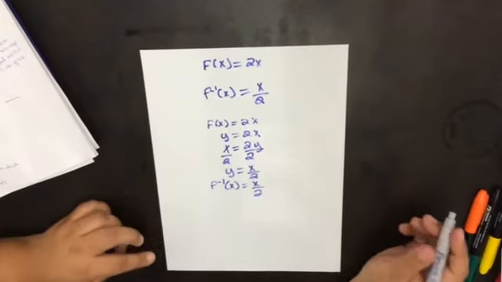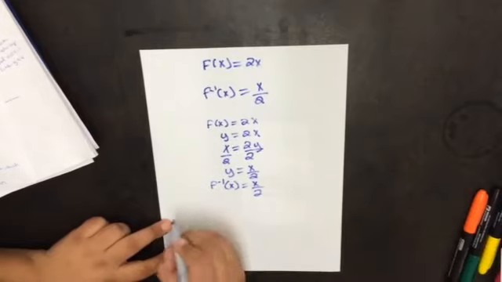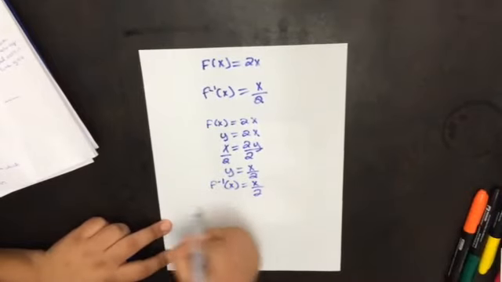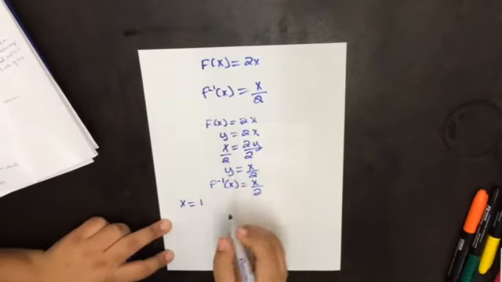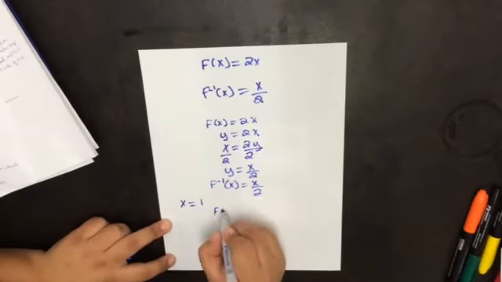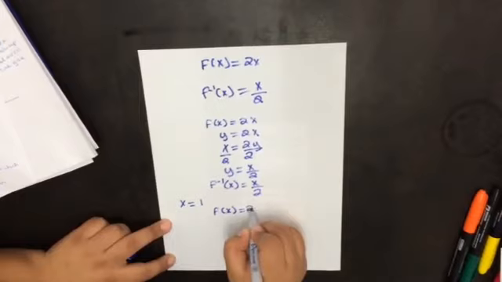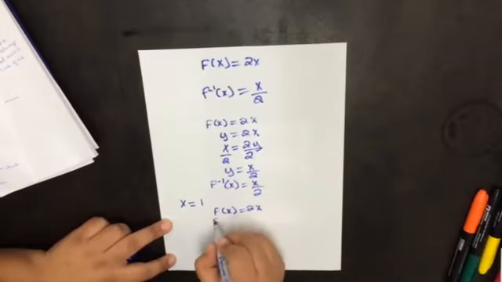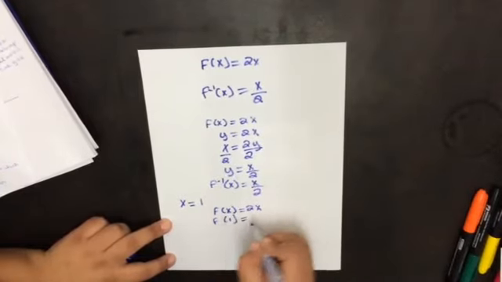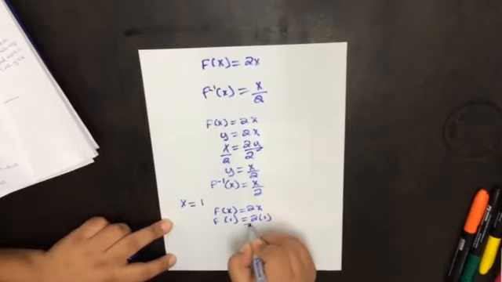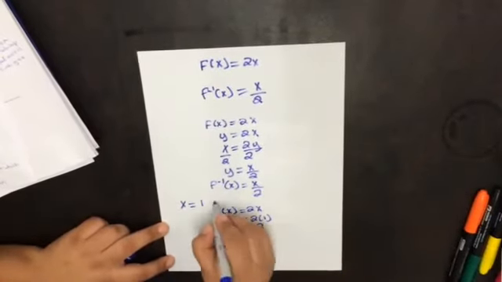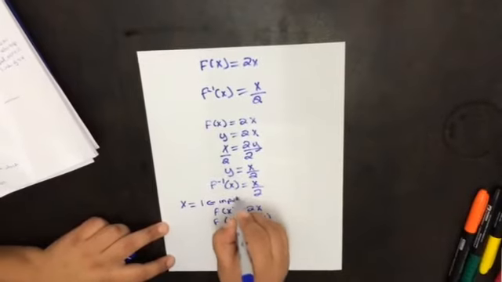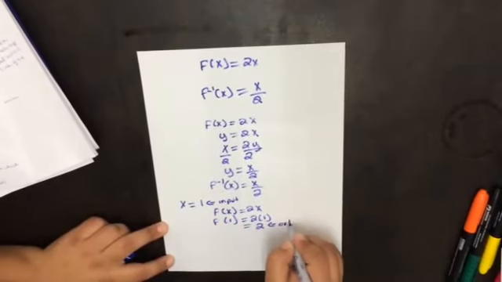Now to check, let's use an input. What about x equals 1? So let's plug it into the original function. f of x equals 2x. So if x is 1, then we have 2 times 1, which is 2. And that's our output. This was our input, and this is our output.